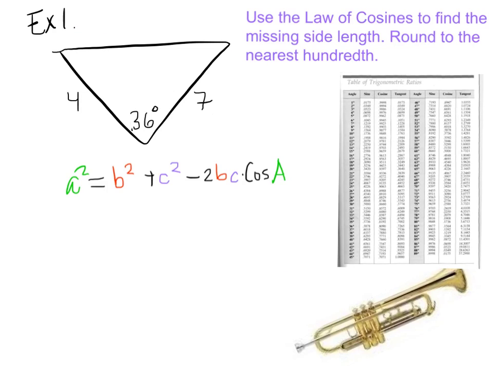So let's try using the law of cosines. What I did first is copy down one of the law of cosines, and the directions say use the law of cosines to find the missing side length, round to the nearest hundredth.